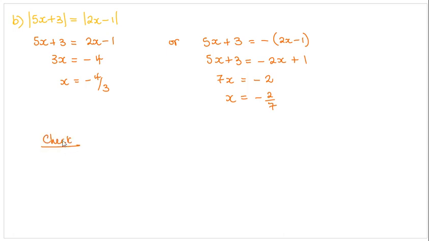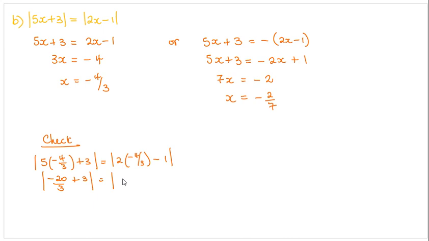So let's take the negative 4 over 3 and plug that in. And if you have a calculator, using it would be quicker. You don't have to write all this out when you're doing your check. So this is negative 20 over 3 plus 3.